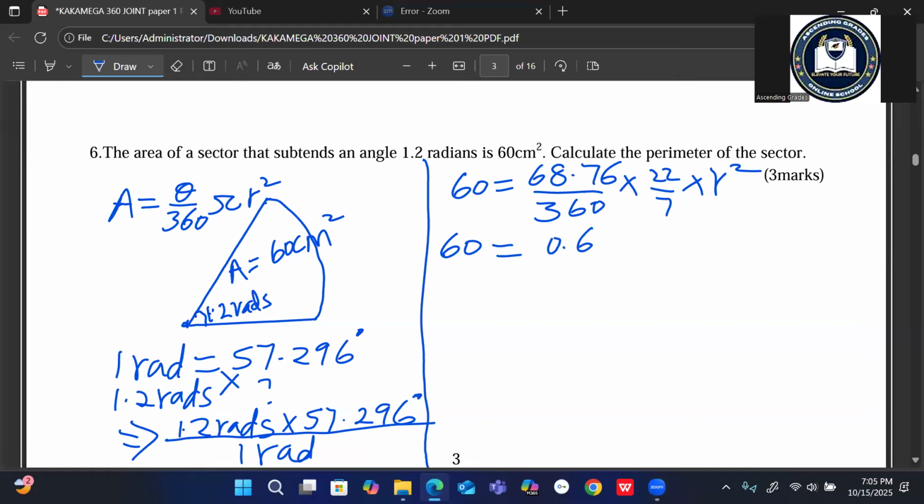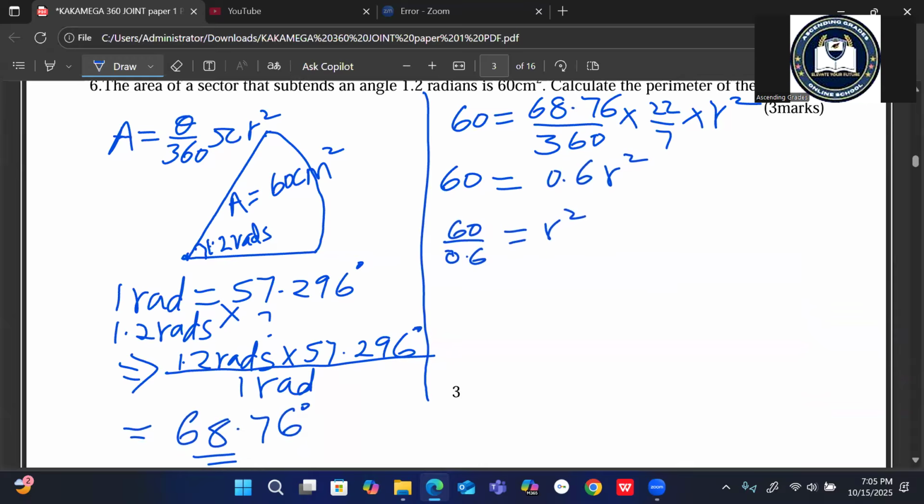So 60 out of 0.6 will give you r squared, which is 100. So r equals the square root of 100, which is positive or negative 10. But our radius cannot be negative, so our radius will be 10 centimeters.